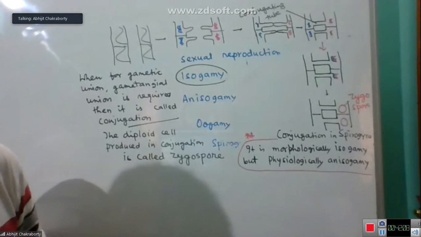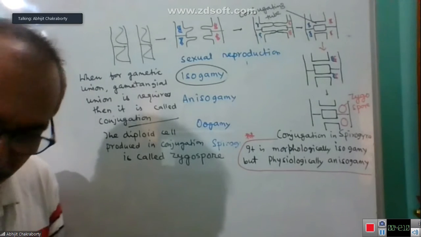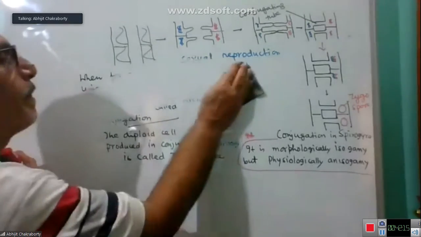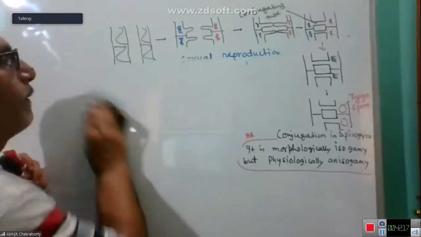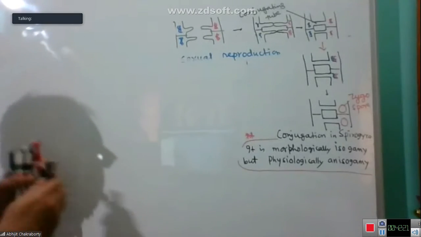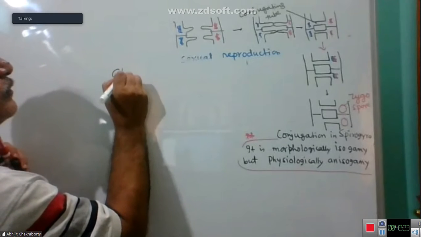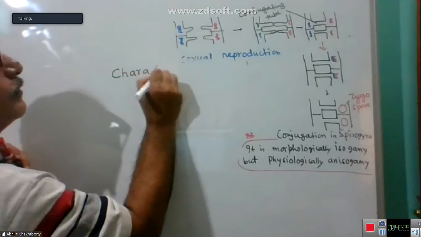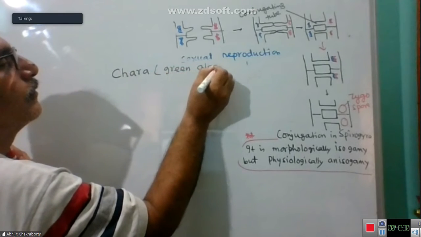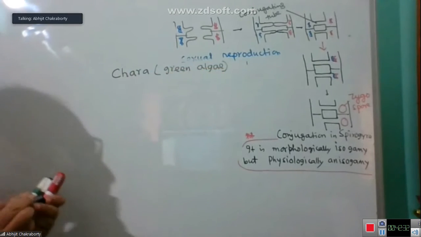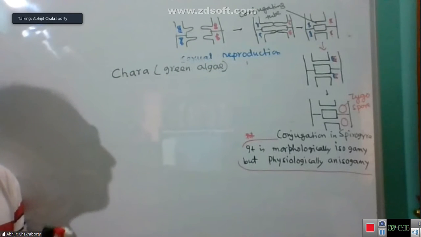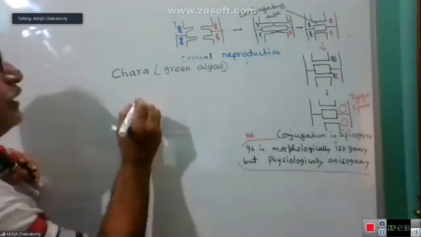Now I am showing some variation, some different structures in Chara, another algae. Chara is a green algae. So what happens here? It appears like this.